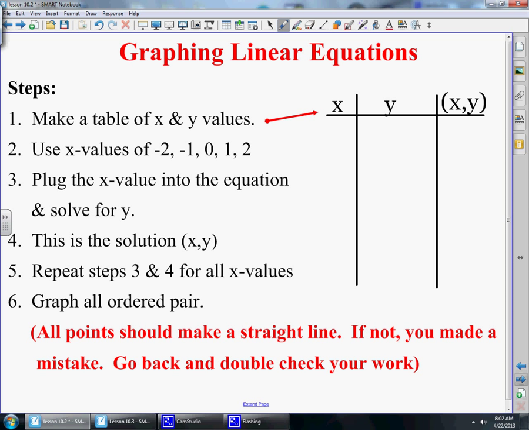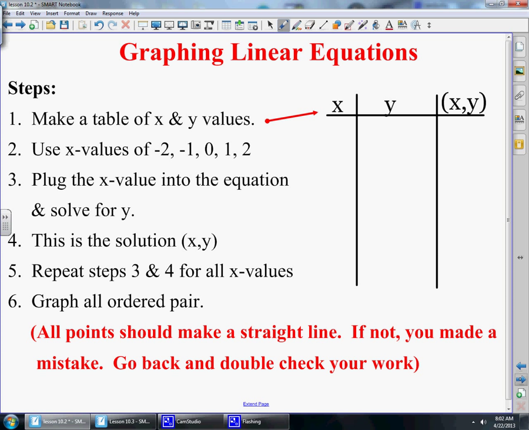Okay, you need to pause the video right now and copy down the steps for graphing a linear equation. Make sure you get all the steps copied down and then copy down this table because we're going to talk about how to actually make a table to graph equations. So the steps are, number 1, make a table of x and y values.